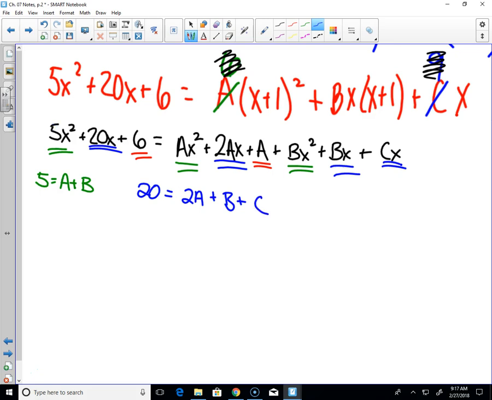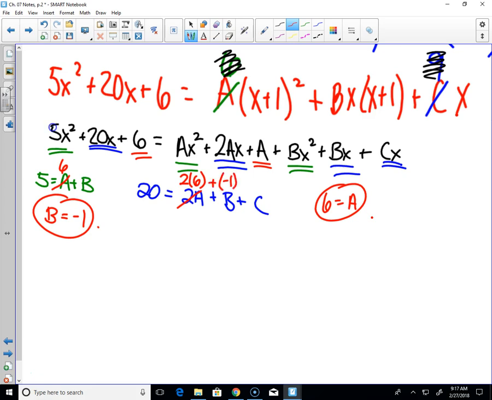You could write it with all the x's, but as soon as you divided, they're all gone. And then what's my last one? 6 equals a. Oh, hey, we got one. Now what? Plug the 6 into the 5 equals A plus B. Oh, sweet. Then B is equal to -1. So A equals 6, B equals -1.